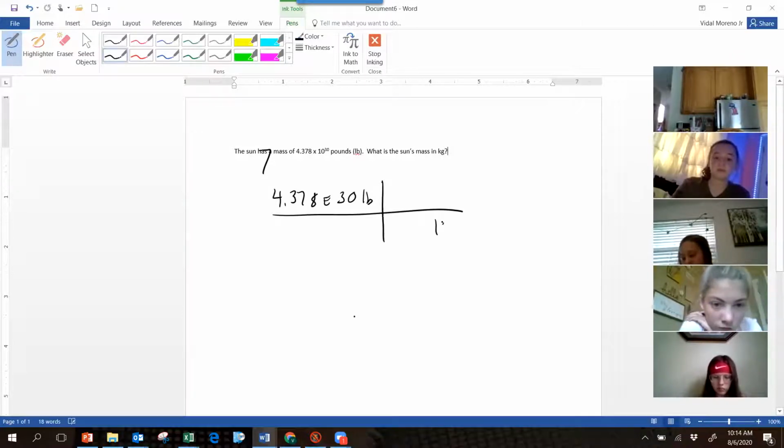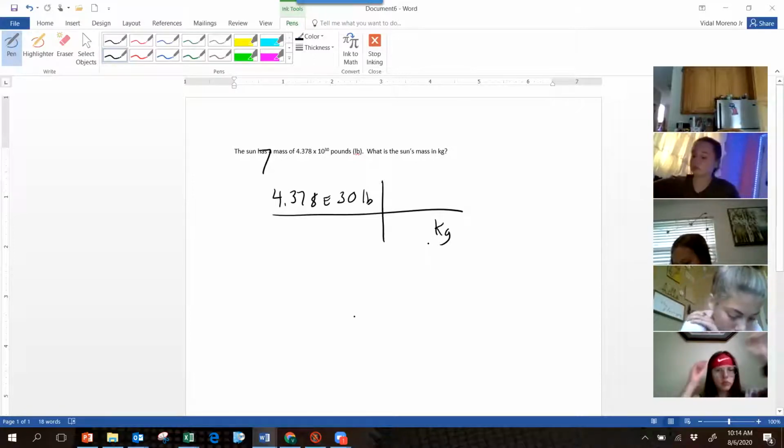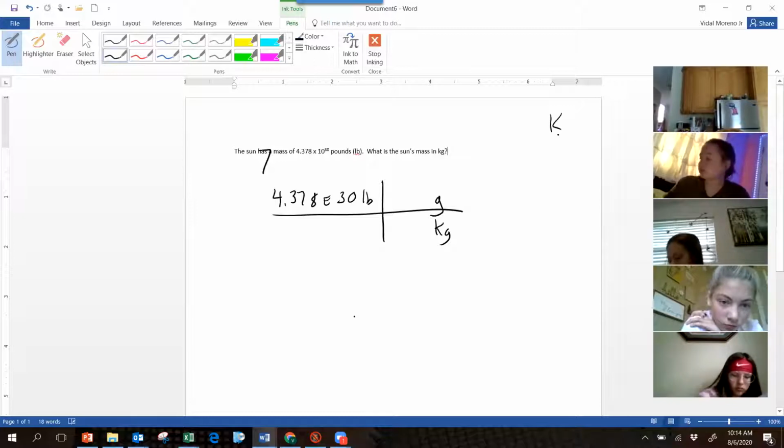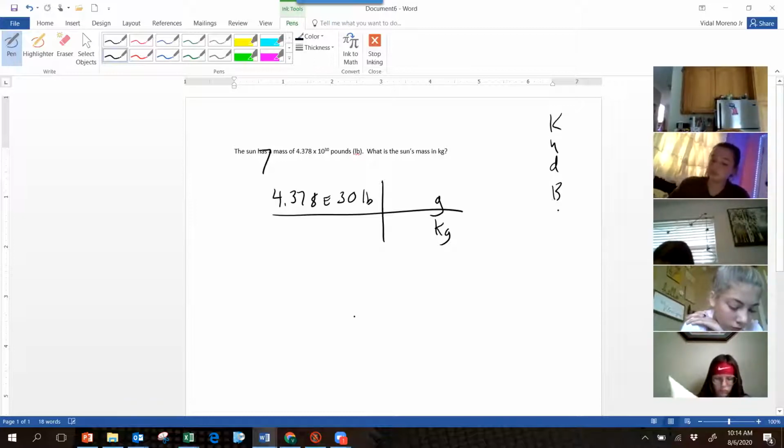Do we have a conversion of kilograms to pounds? The answer is no. We have a conversion of pounds to grams, correct? King Henry died by drinking chocolate milk.